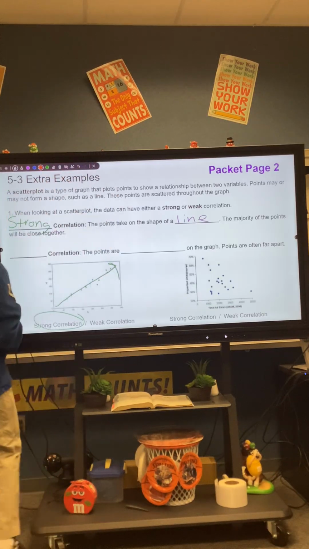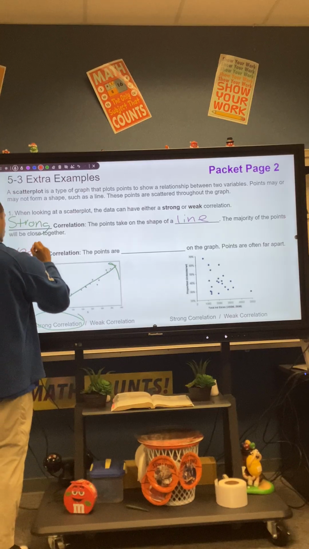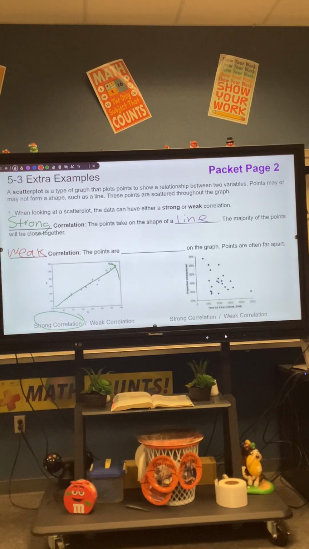On the other hand, weak correlation. The points are what? Think about it. It's called a what?